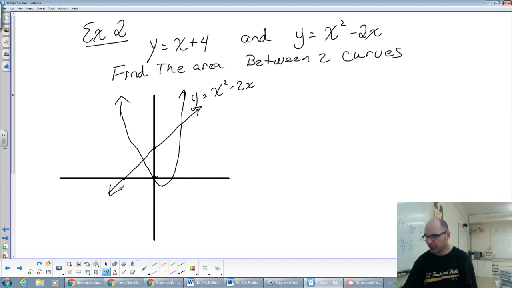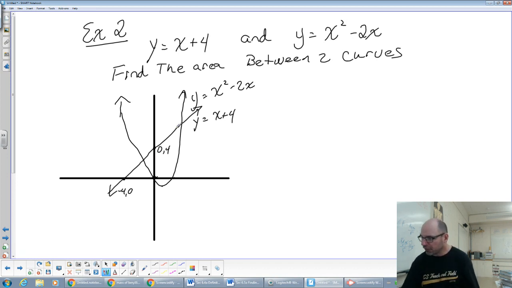This is negative 4, 0, and this up here is 0, 4. Okay, so we get an idea of what the two curves are. This is y equals x plus 4, so we know that the line is the upper limit. Okay, we could see that.